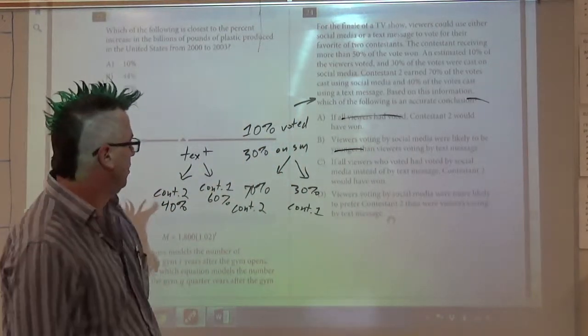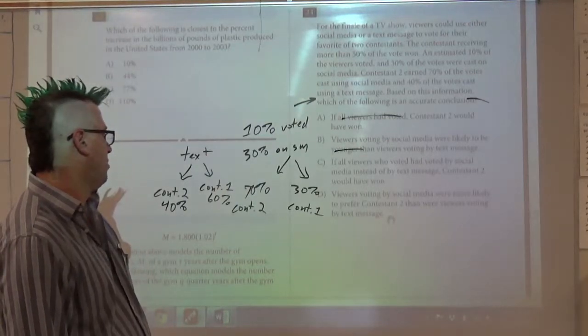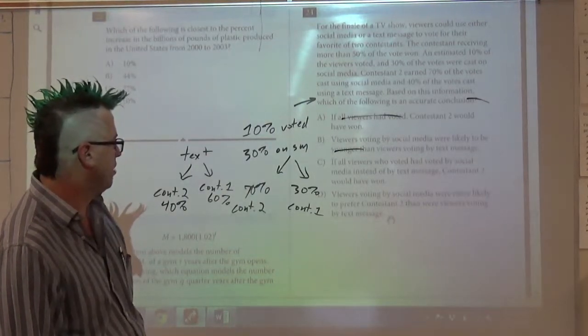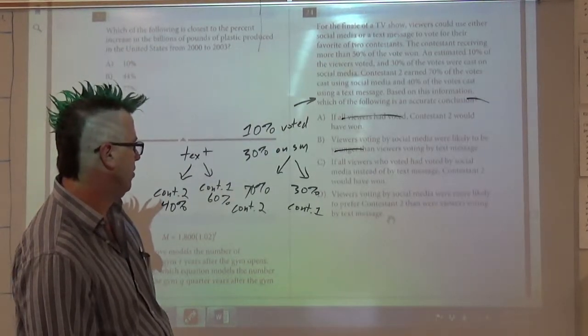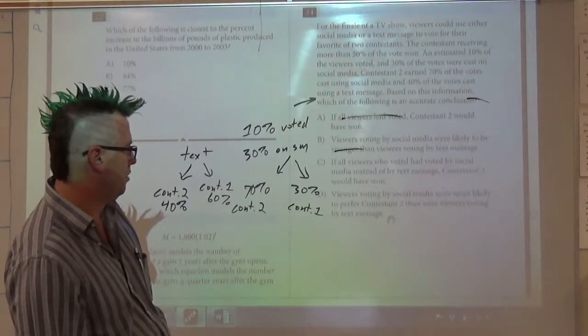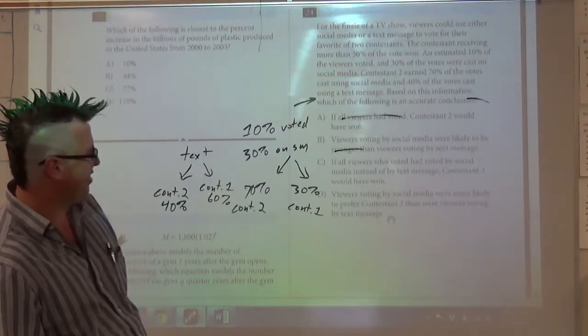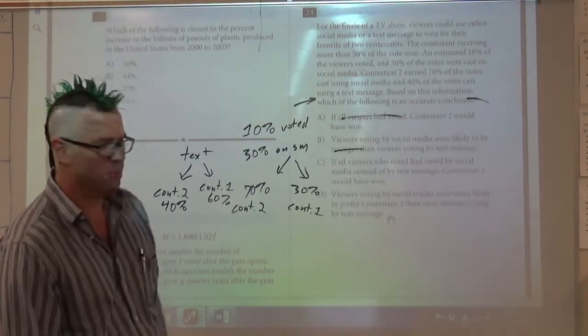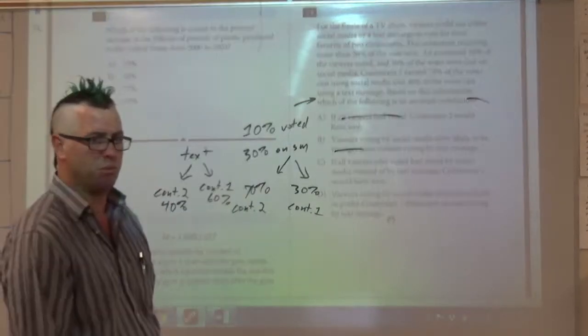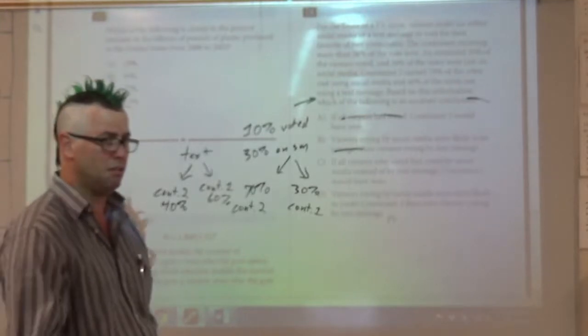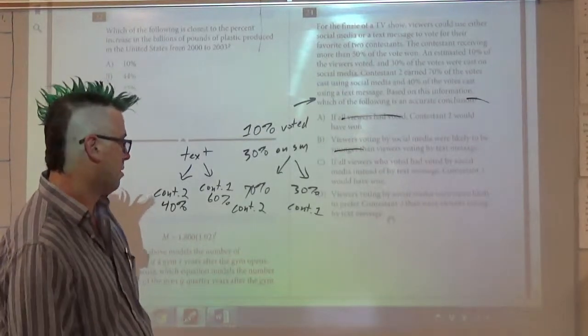If all viewers who voted had voted by social media instead of by text, contestant 2 would have won. Do you really think someone's going to change their opinion based on whether they're using text or social media? Or do you think they had an opinion separate from that? Probably had one separate from that.